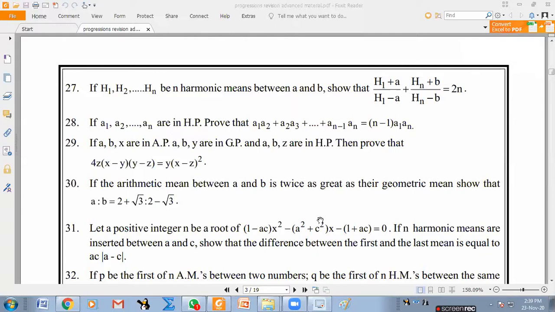Okay, 29. A, B, X are in AP, A, B, Y are in GP, A, B, Z are in HP. They want us to prove 4Z(X minus Y)(Y minus Z) is equal to Y into (X minus Z) whole square.